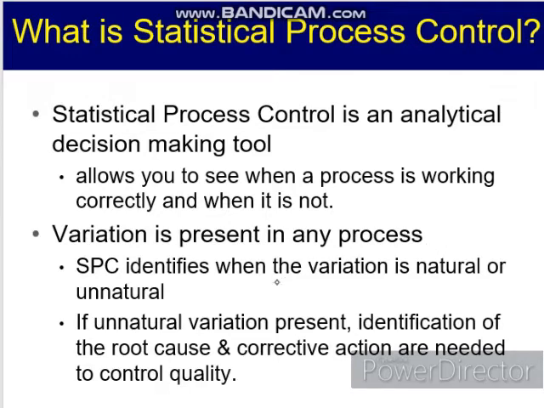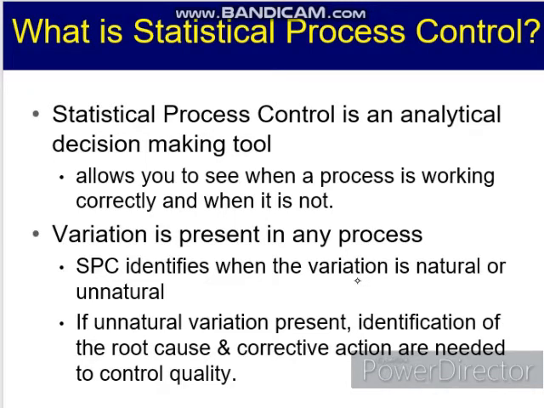So what SPC does is identify when the variation is natural or unnatural. The variation happening in any production line can be natural or unnatural. Natural variation is caused by uncontrollable factors, for example, the variability of the temperature inside the room, and so on.